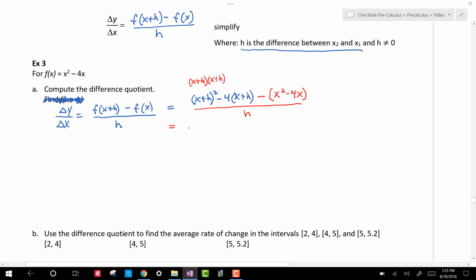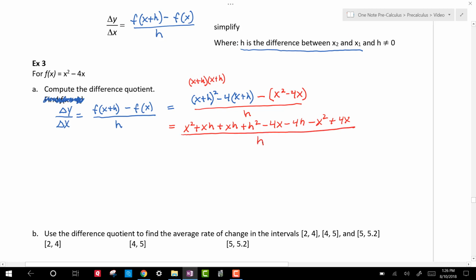And so that's going to be x squared plus x times h is xh, plus h times x is another xh, plus h times h, which is h squared, minus 4 times x, which is negative 4x, minus 4 times h, which is negative 4h, and then I've got minus x squared at the end, and plus 4x when I distribute. That's a lot of terms on top there, isn't it?